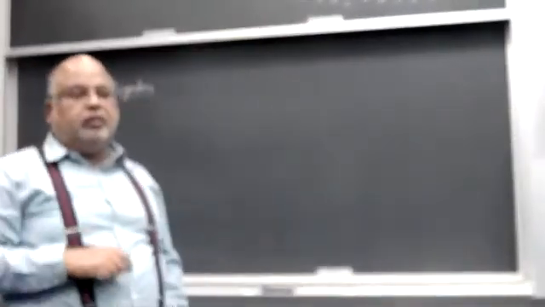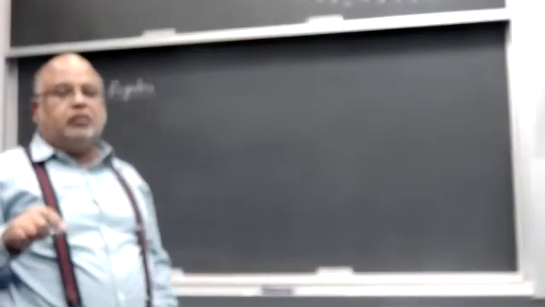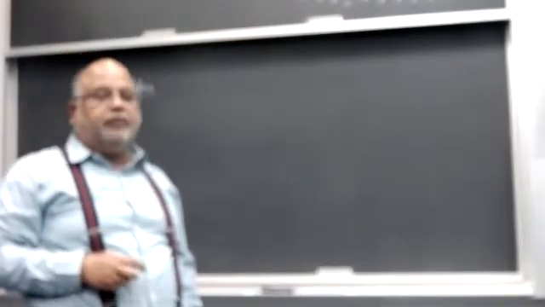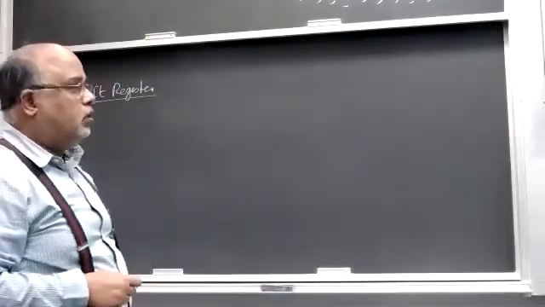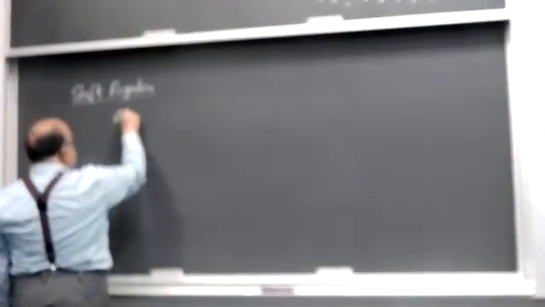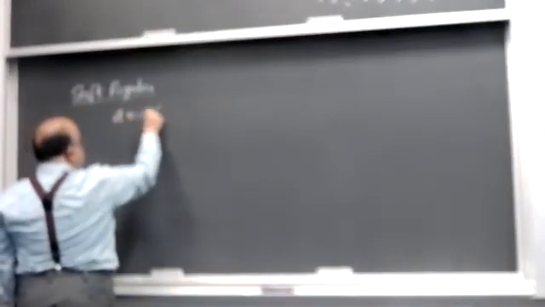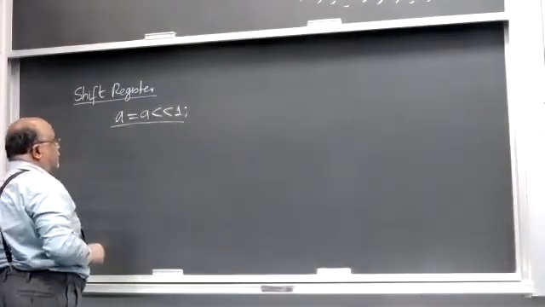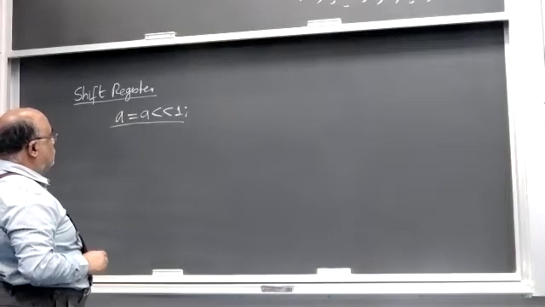So it is arithmetic plus logic plus shifter unit. Three functions it can perform: arithmetic, logic, and shifting. Because then you have this high-level language statement, A is equal to A shift left 1. So that requires that you need to have shifting in the arithmetic unit also.